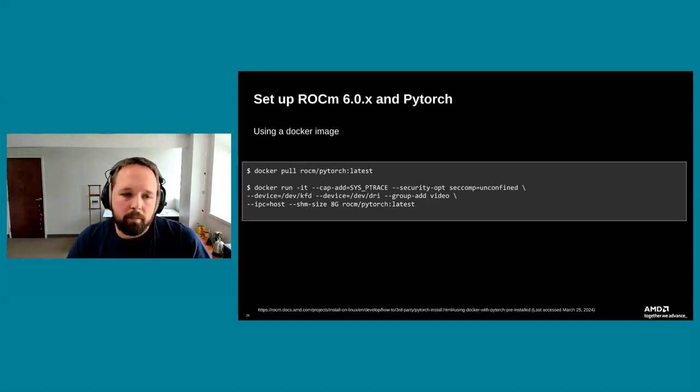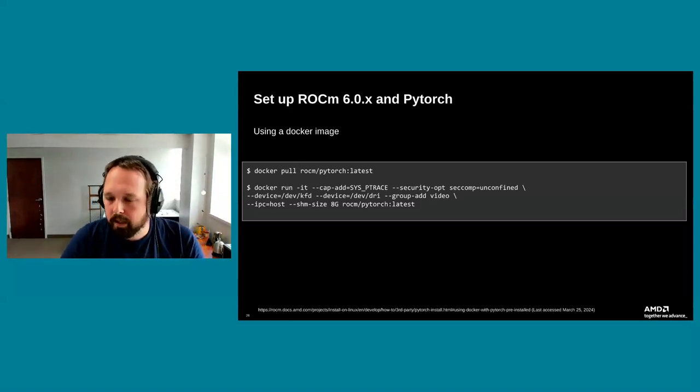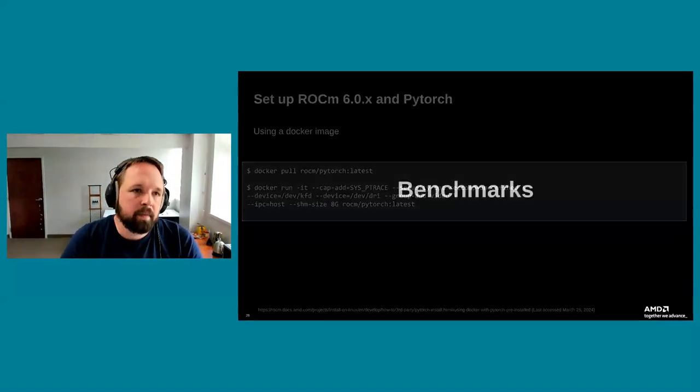Once you pull the ROCm Pytorch image, you can run it. You do need to mount the device files for the AMD GPUs, which on Linux systems are /dev/kfd and /dev/dri. So that is a pretty quick way to get started if you don't want to go through the hassle of installing all the ROCm stuff and Pytorch as well. You can just use the Docker container with the AMD GPU DKMS drivers on your host system.